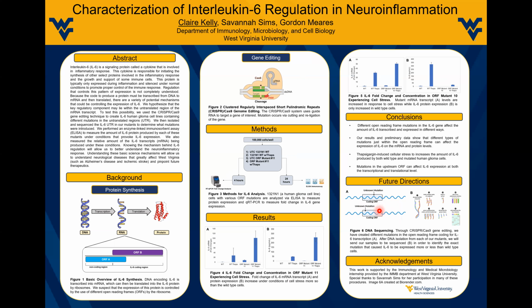Hypothetically, the one on the top could be mutant 11 and the one on the bottom could be mutant 10. I'm isolating the DNA and we send it to a core facility for sequencing, and that will show us exactly the molecular change that has occurred in the DNA that causes these different mutations, which will cause these different levels of expression.